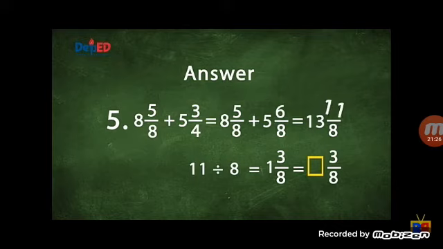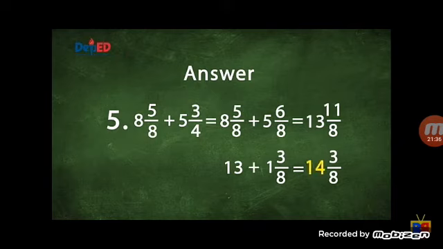Therefore, 11/8 is equal to 1 and 3/8. By regrouping the sum, 13 plus 1 and 3/8 equals 14 and 3/8. Is 14 and 3/8 already in lowest terms? Yes! So the missing number is 14 and our final answer is 14 and 3/8.